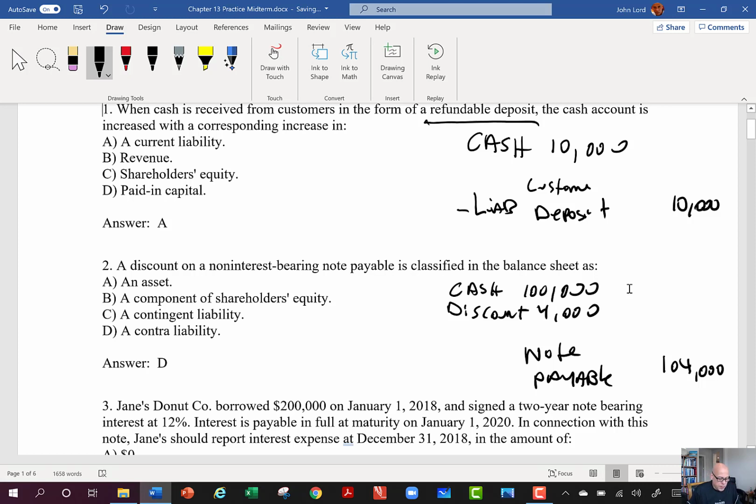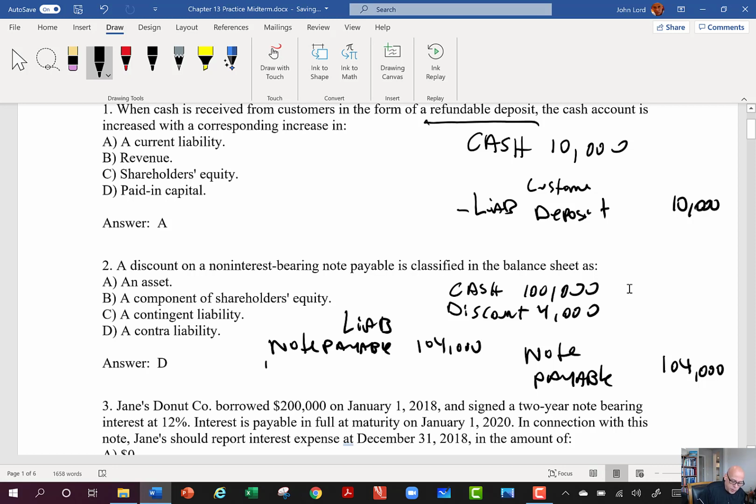Now, on the balance sheet, let's say they loan me this money on 11/1. Don't worry about the date, because I'm going to show you another question in a second. Immediately after they loan me this money, I'm going to prepare my balance sheet, just the liability section. I would show note payable, which is $104,000.